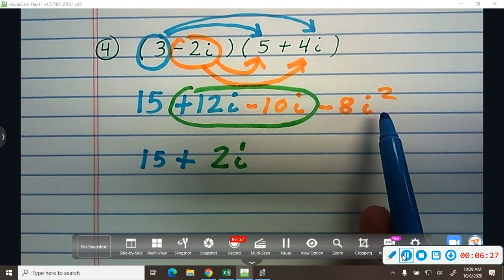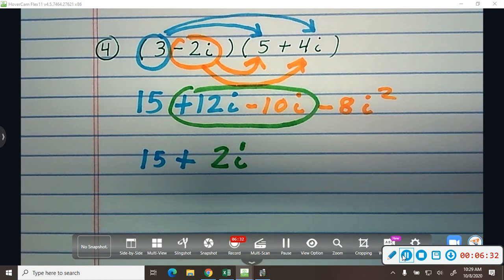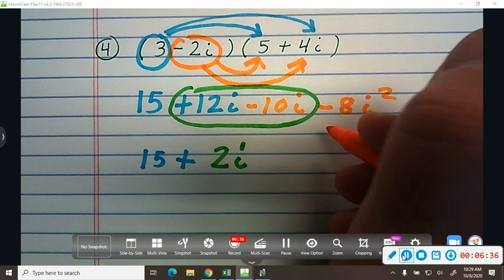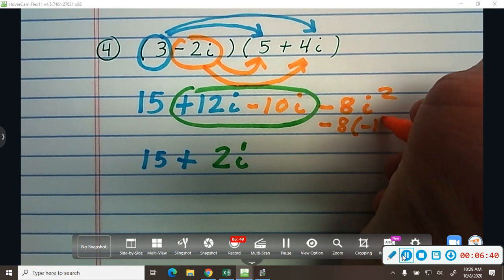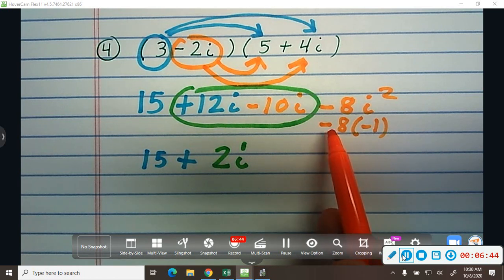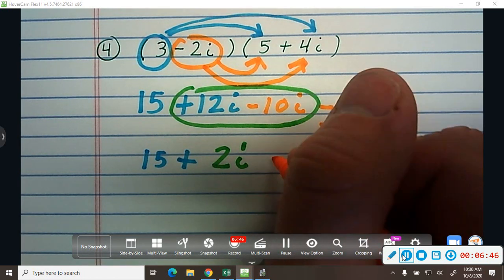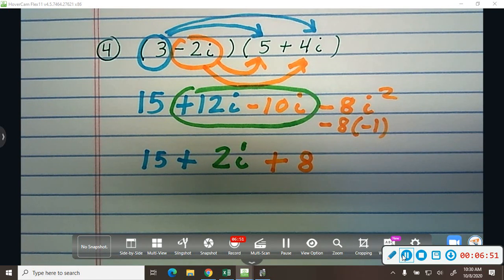Now this is kind of tricky because i squared by definition is negative 1. So this is the same thing as negative 8 times negative 1, because i times i is negative 1. So we have negative 8 times negative 1 would be plus 8. So anytime you see i squared, it's always negative 1.